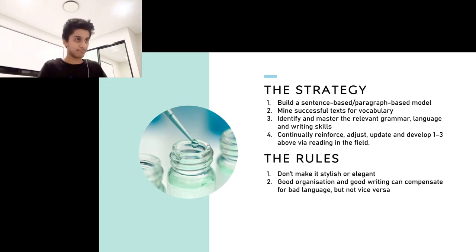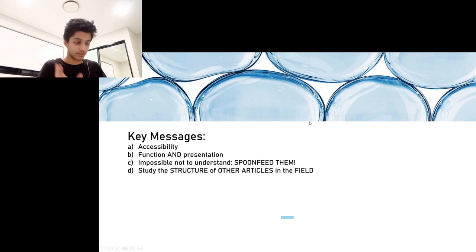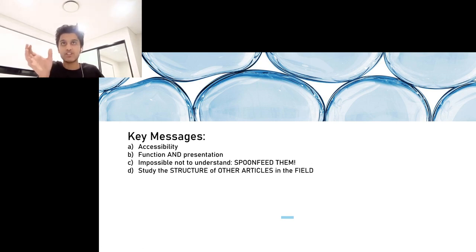Okay, let's look at the next thing. Key messages. Here are the key messages that we take away. First of all, the content of your scientific research should be accessible to all readers. So you want to use language. This is where the language comes in, not choosing whether I want to publish it in this journal or that journal. Second, the reader needs to be shown the function of data or information, not just presented with it.